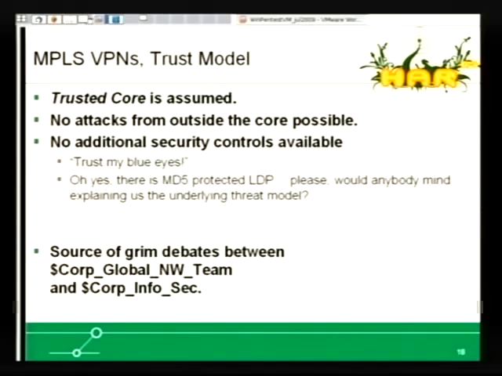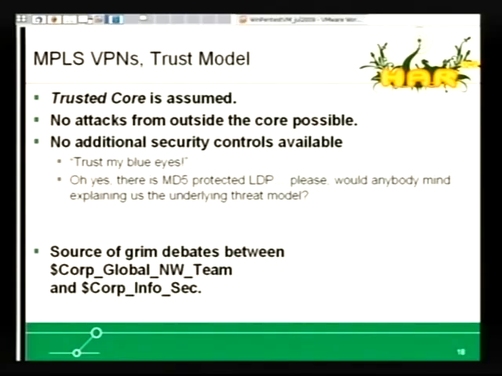For the trust model of MPLS, it's absolutely necessary that you assume a trusted core. Once an attacker is in the trusted core, it breaks your security model. If I'm inside your MPLS core, I can do nearly everything I want. You will see.